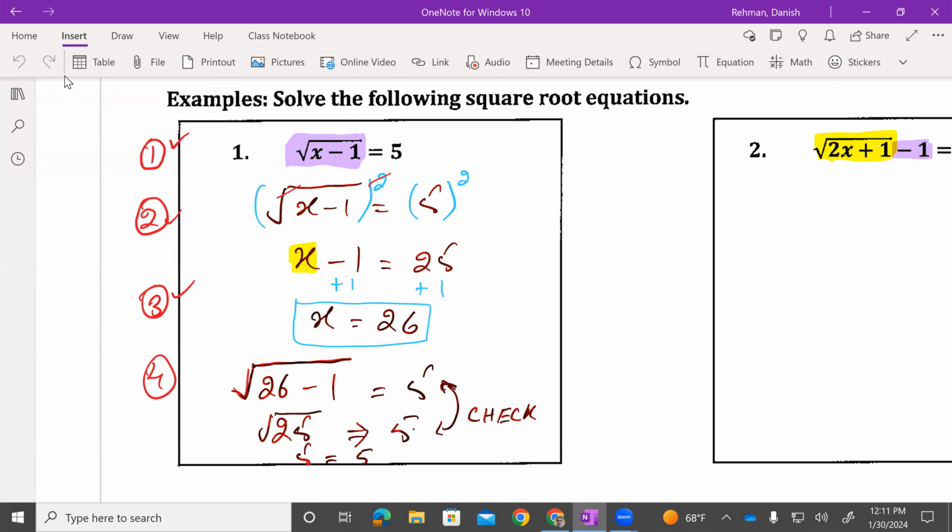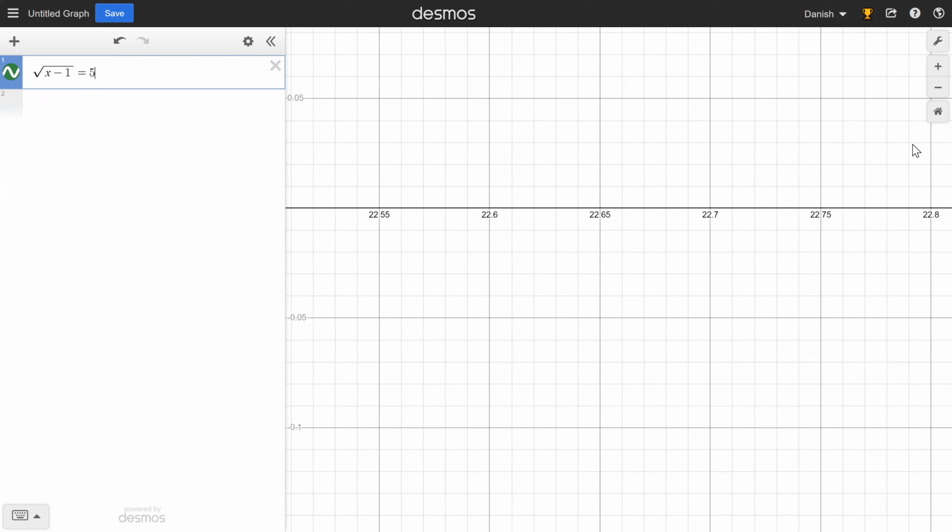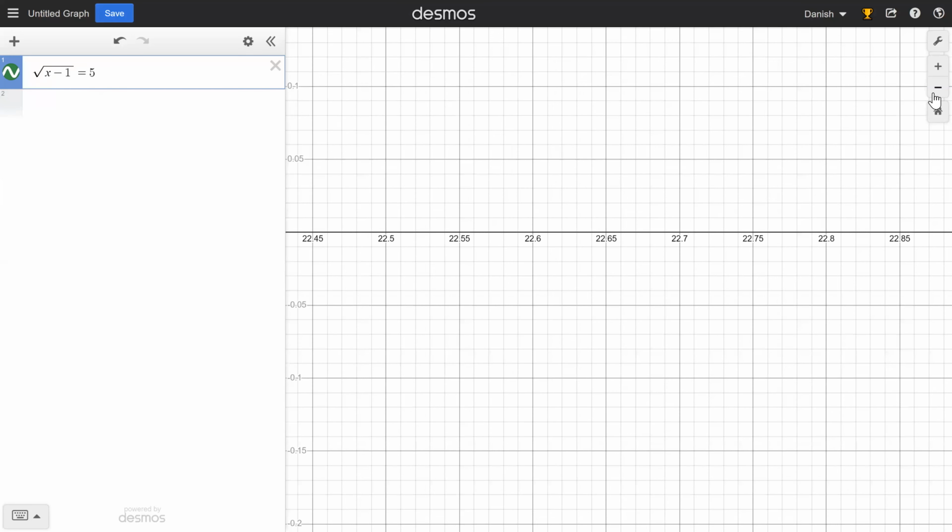Square root of x minus 1. So let's bring in square root of x minus 1. What was this equal to? A 5. Right? Equals 5. Did you see anything over there on the board? Any graph? No? Let's zoom out.